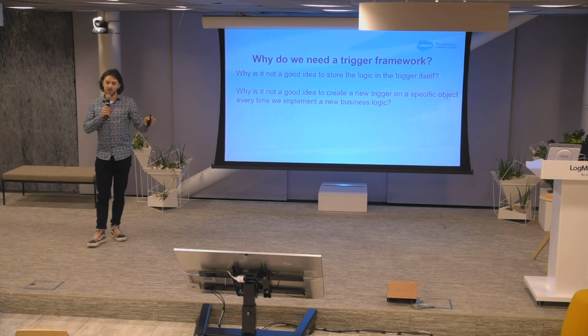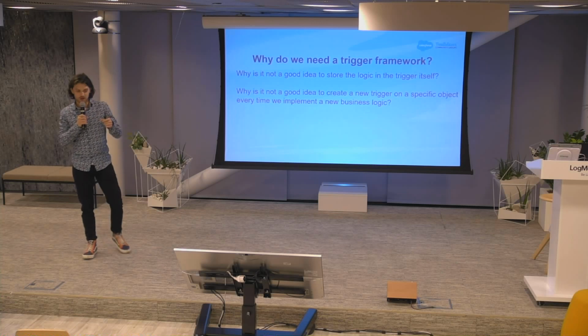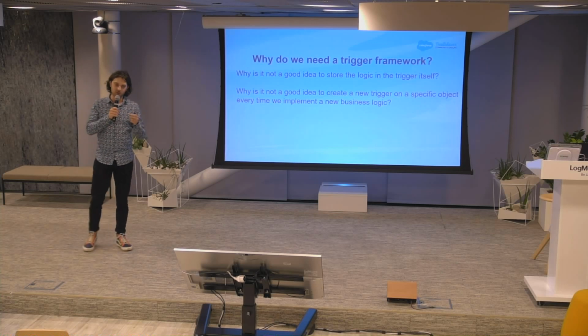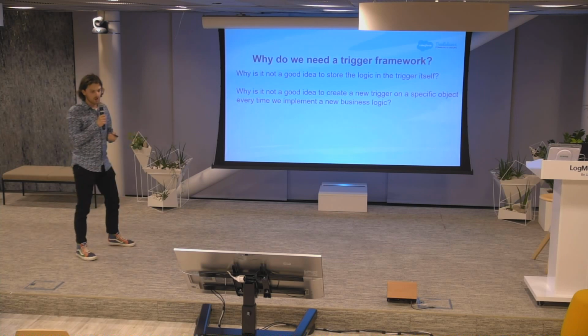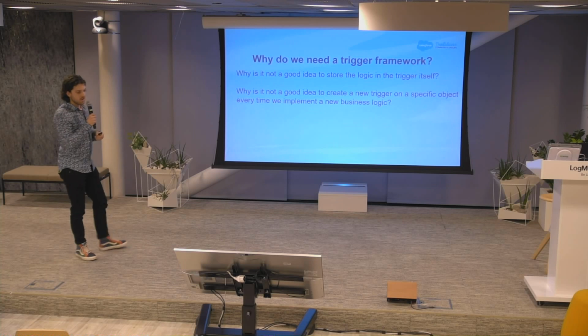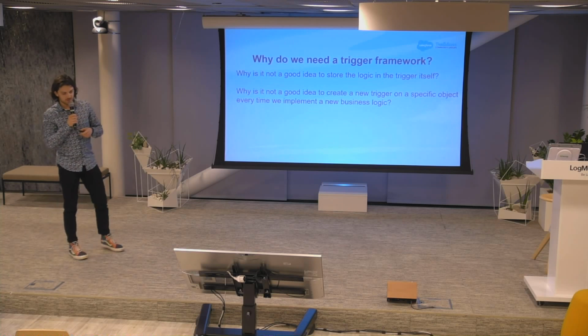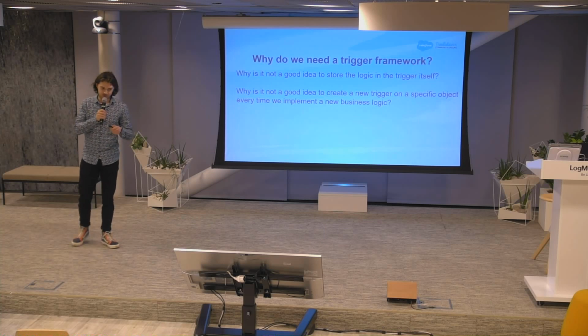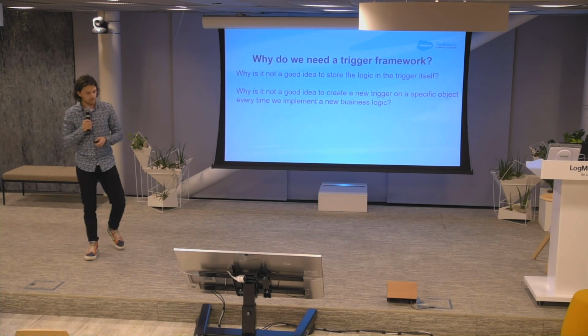And if we have a lot of triggers, we have no say in their logical sequence. That's why we have to keep all of the logic in one handler class. Another problem is that SQL queries and DML statements can run several times in a transaction needlessly, causing recursion and limit exceptions.